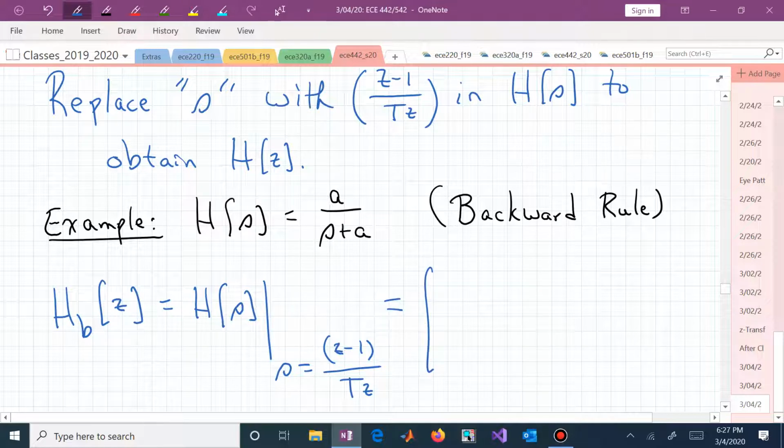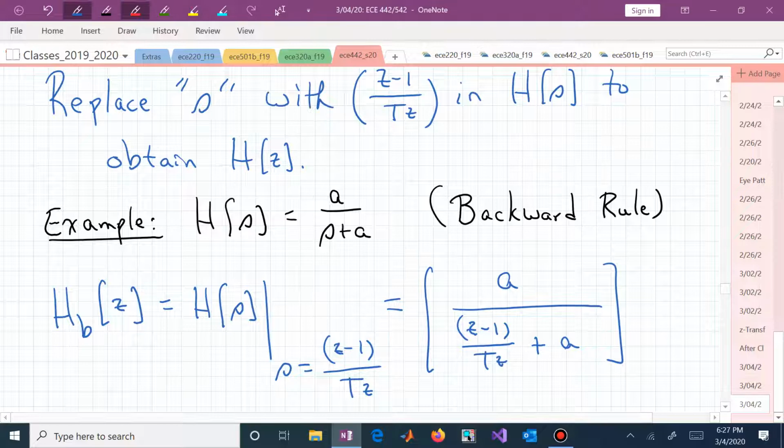That now becomes A over z minus 1 over Tz plus A. We can clean that up with a strategic choice for 1, which is Tz over Tz.